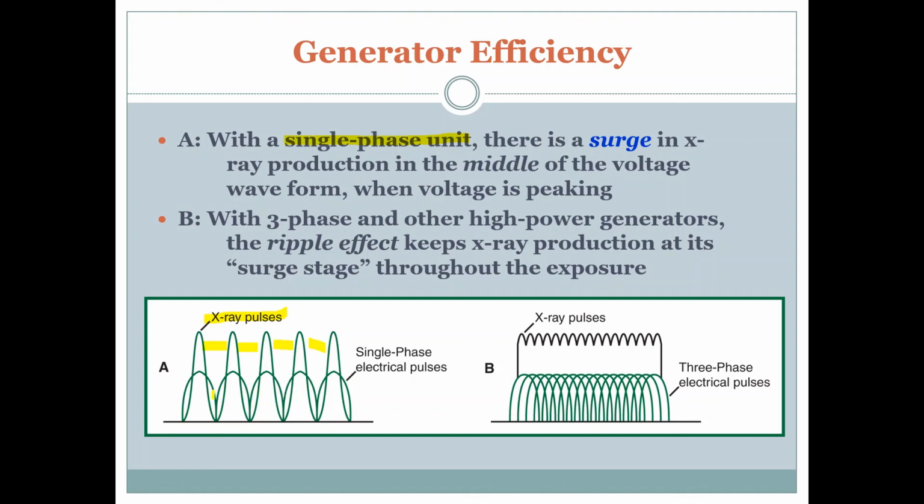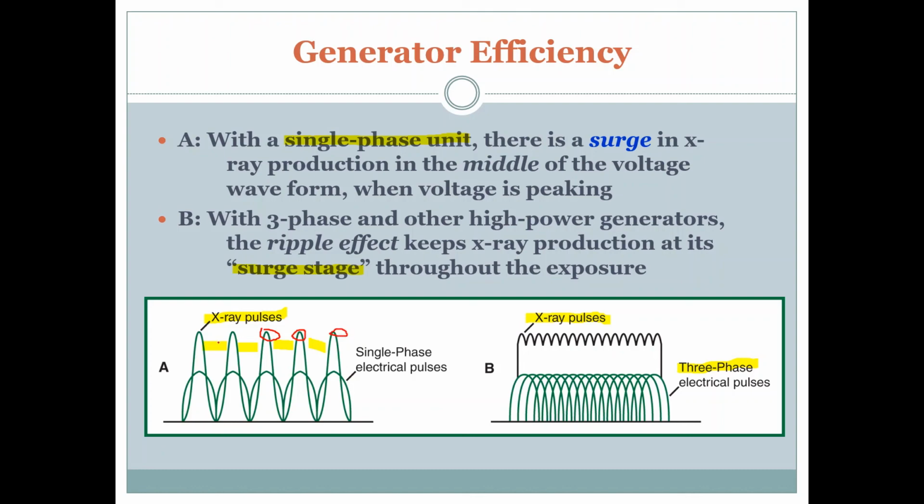between those pulses. So by creating overlapping pulses, or three-phase in this case, overlapping pulses, you can create more efficient X-rays where there's less time making less X-rays. They refer to this as keeping the X-ray production in its surge state, which for single phase, the surge states are only found at the peaks.